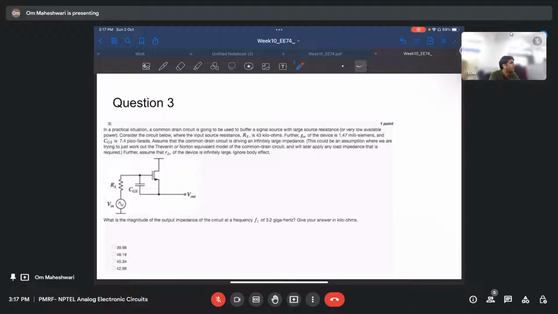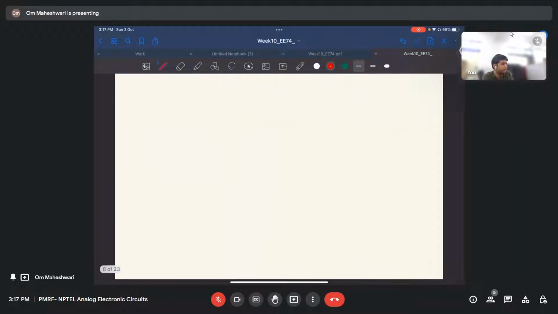So what do we have to find? We have to find the output impedance. For output impedance Z out, we just apply a test voltage V here and pass a current I there, and V by I gives us Z out. So we will do the same thing here also. Let me draw it.